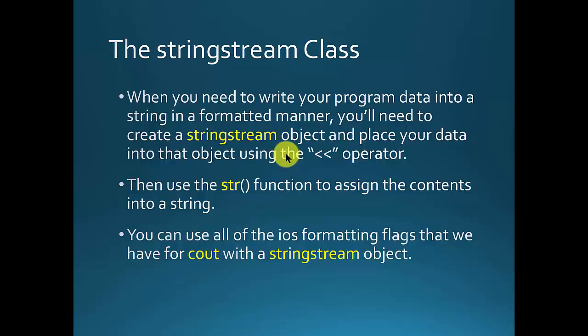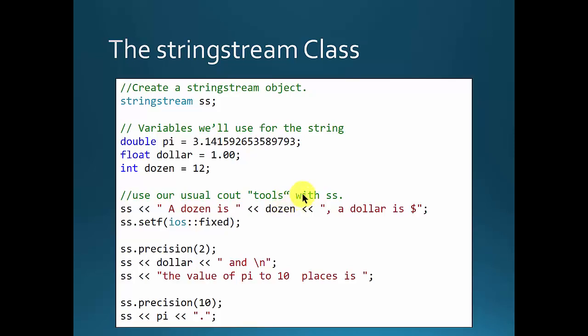Then once you stream your data to the stringstream object, you can use the stringstream's str function to turn all of that data into a string. So here's an example of how the stringstream class works. We declare a stringstream object here, and you will have to include the sstream library. In this case, we're creating a bunch of variables, and you can see here we're writing those variables to the stringstream object just like cout.